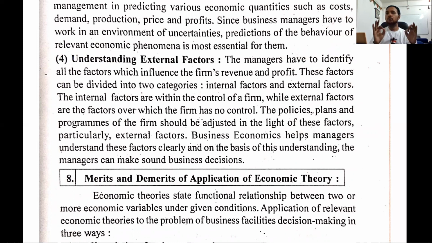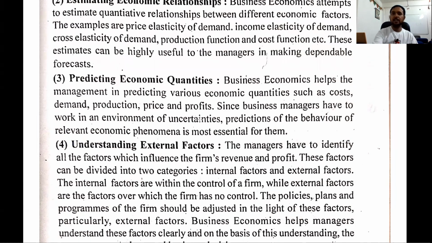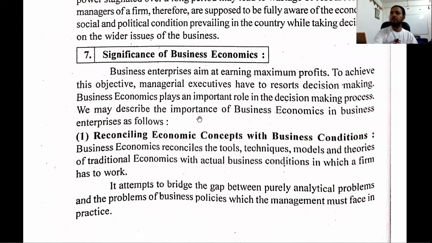By adopting economic theories and concepts, a business enterprise can adjust itself to the conditions and factors available in the external environment. All these things are very important, and these are the main points under the significance of business economics.